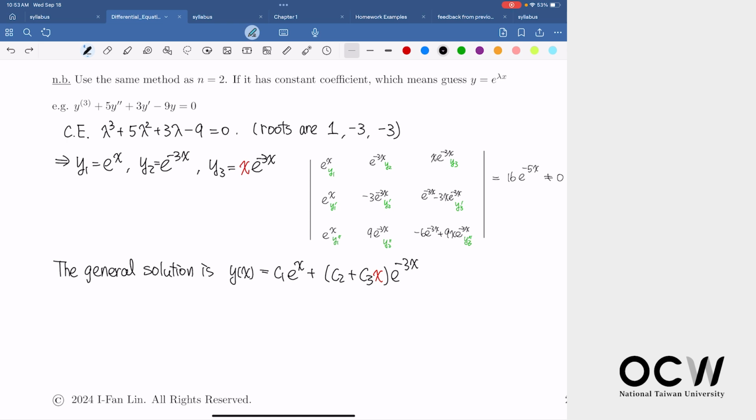If we have a real root lambda of multiplicity k in the characteristic equation, then how do we guess our solution?